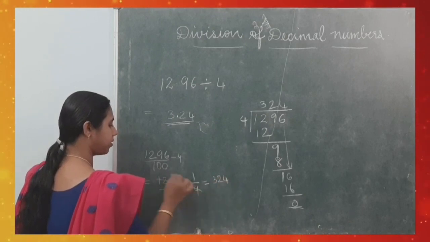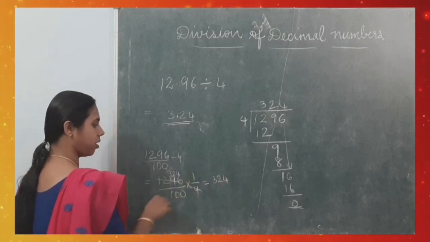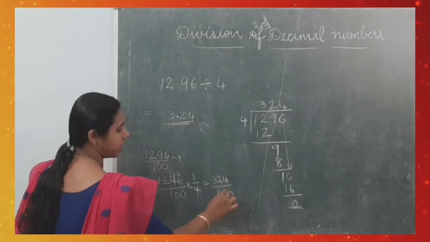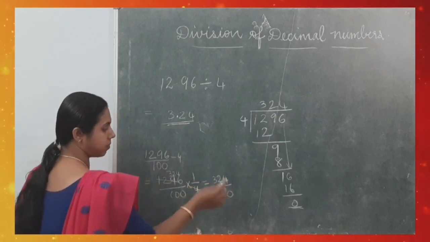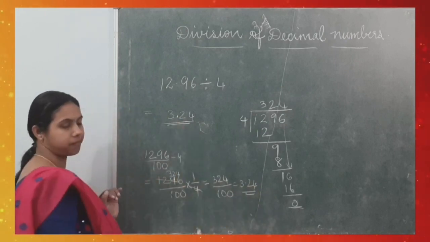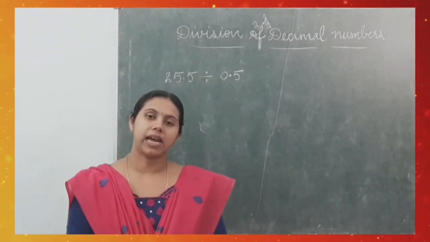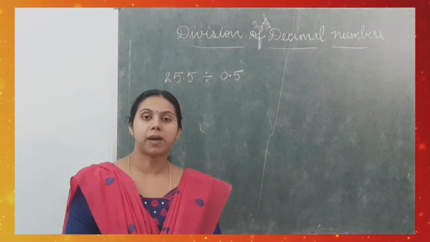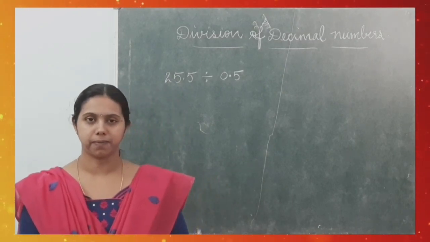When you divide this, you will get 324 divided by 100. 2 zeros, so 2 decimal places, so 3.24. Same answer.